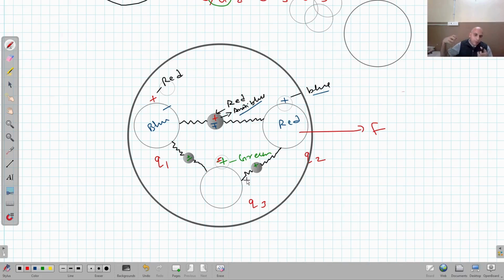They will start pulling this quark back toward these two quarks, right? This is the force that I was talking about. This is the strong force, right? That is responsible for this bond.